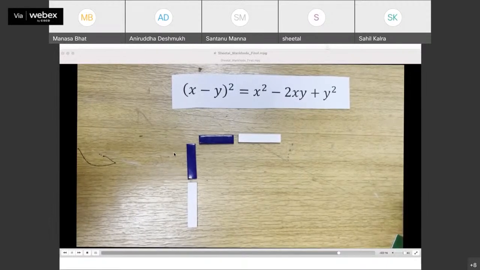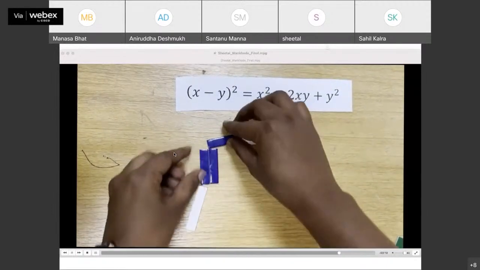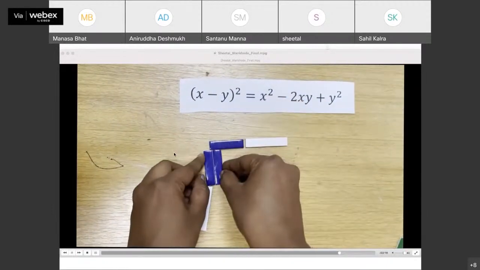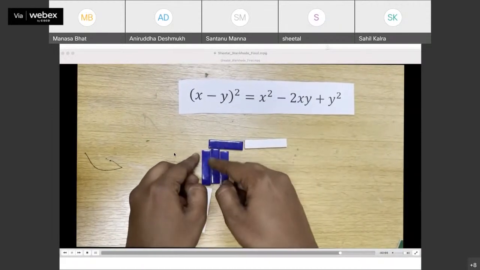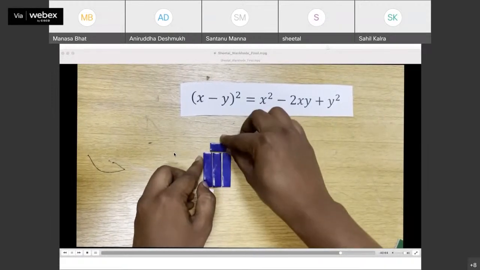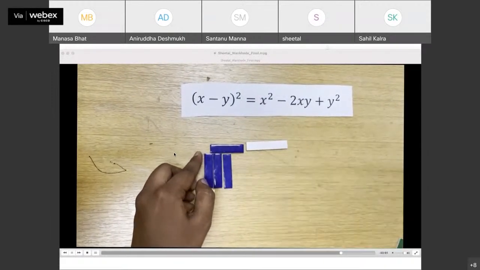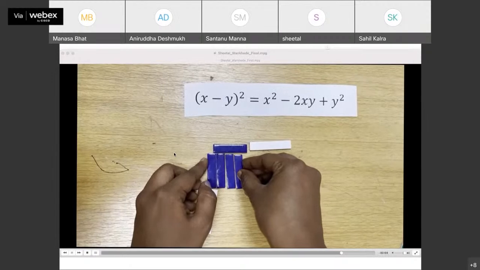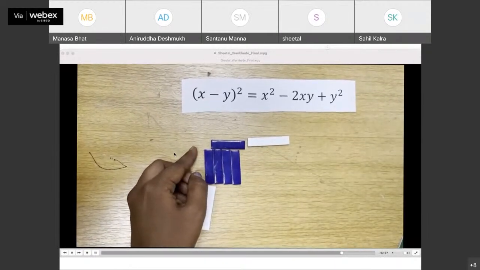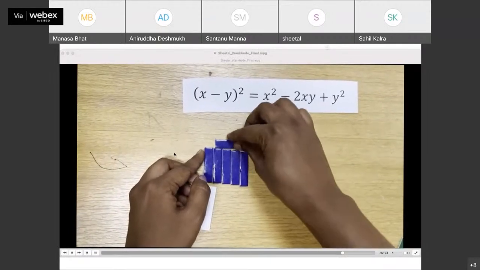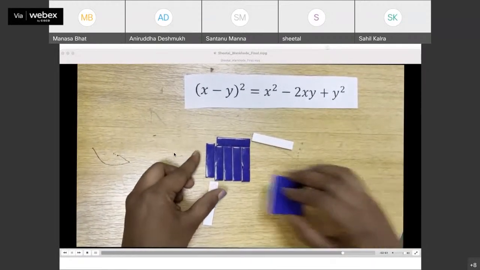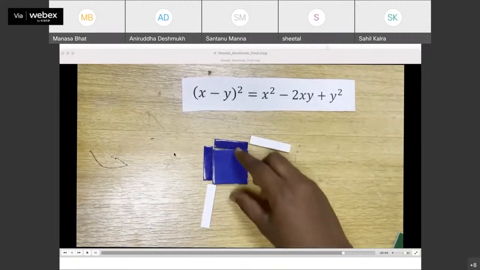So first we are going to fill this area with this x times because this length is also x and up to this length. So this gives you x square.